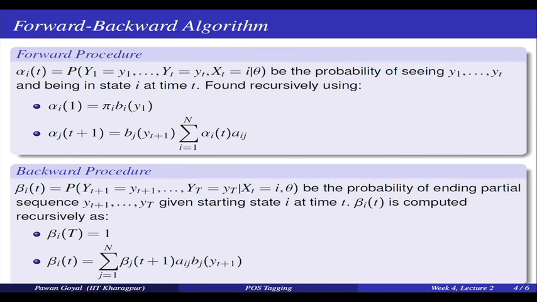Now you have a way that, given any set of parameters theta, you can compute all the alpha_i(t)'s and beta_i(t)'s. Now, remember what the next step in the algorithm is? You want to find out the best possible paths, or the probabilities of various paths.